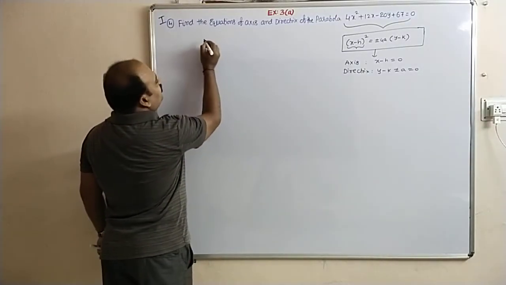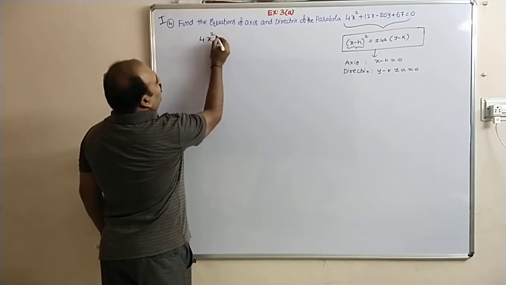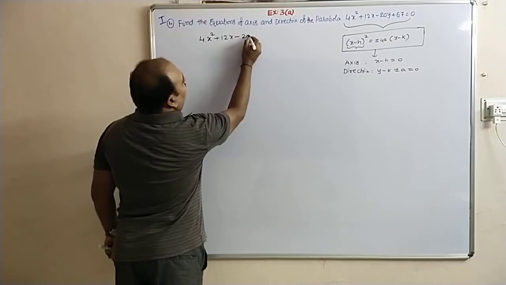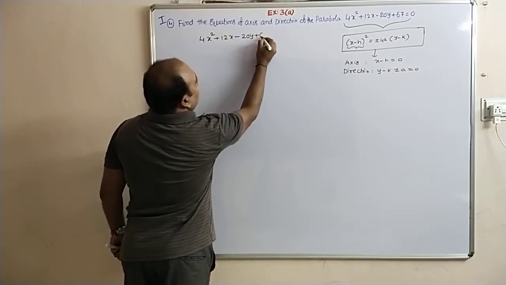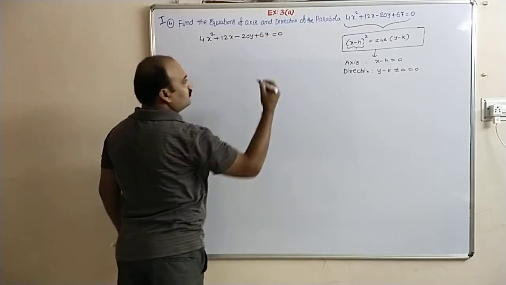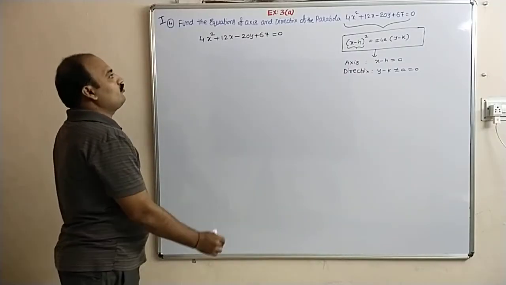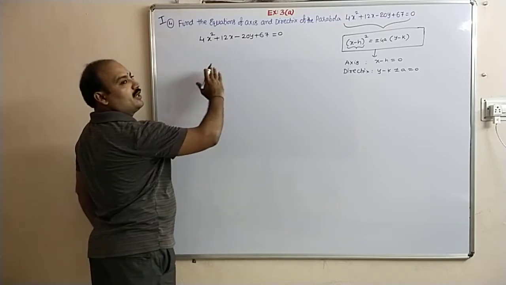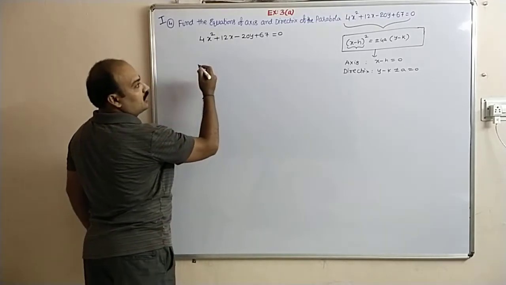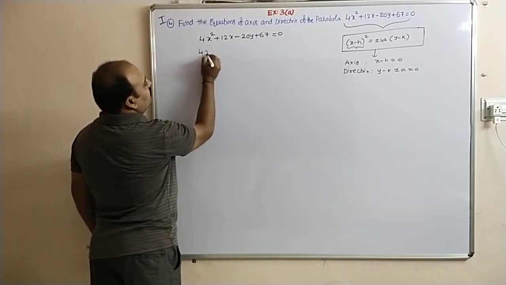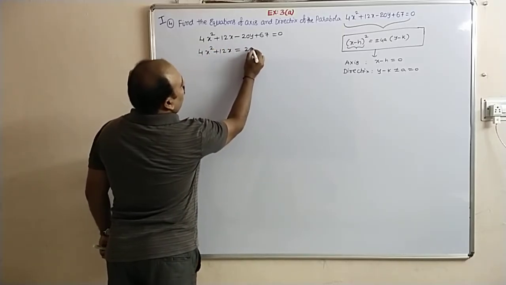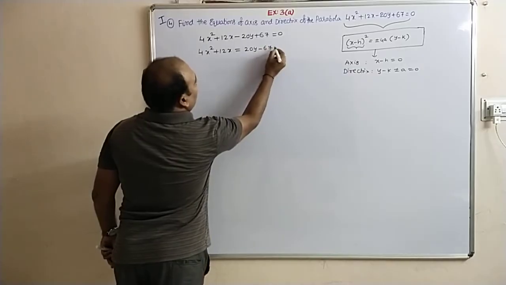So now the given equation of parabola is 4x square plus 12x minus 20y plus 67 equal to 0. First, x square and x terms we can keep this side and the remaining terms we can take outside the equal symbol. So it becomes 4x square plus 12x is equal to 20y minus 67.